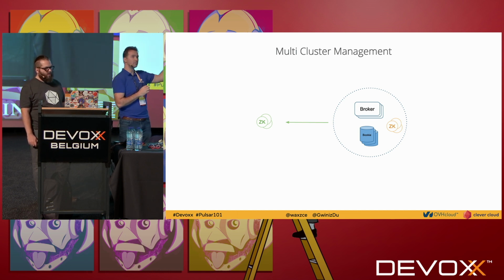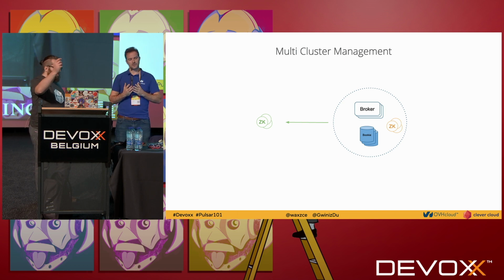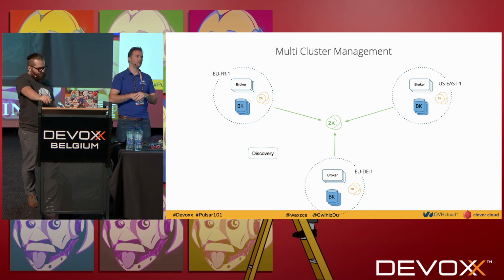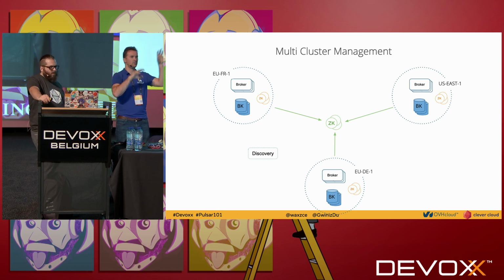We have brokers, we have bookies, the internal Zookeeper, and this external Zookeeper. Why it's really interesting is that if you have a regionalized cluster or multiple clusters, given the logical and physical replication you want, this Zookeeper is actually crossing every cluster, so that the management will be unified.